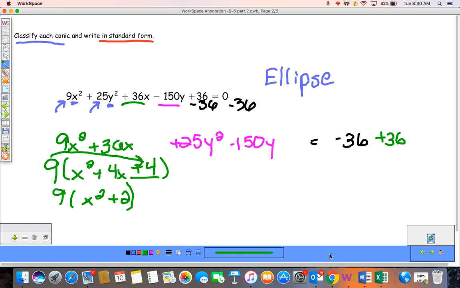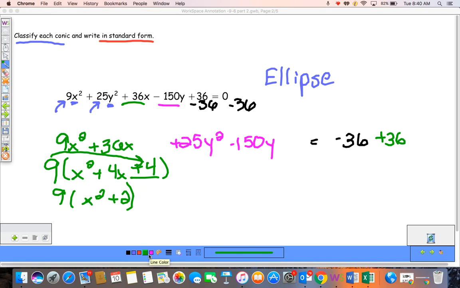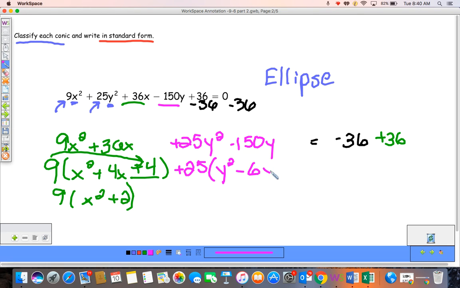Okay, let's do our y's. We're going to factor out the 25, and it's a positive 25 we're factoring out. So y squared minus, I think that's 6y. 25 times 6 is 150. 6 quarters makes $1.50.